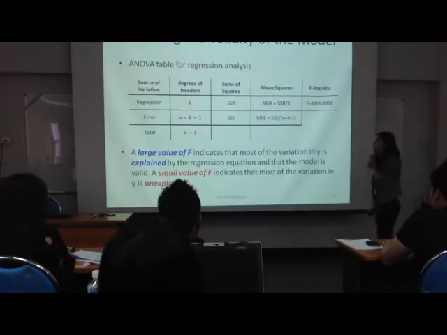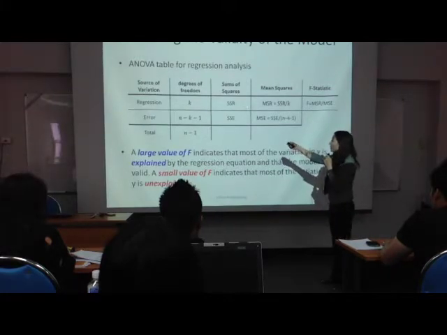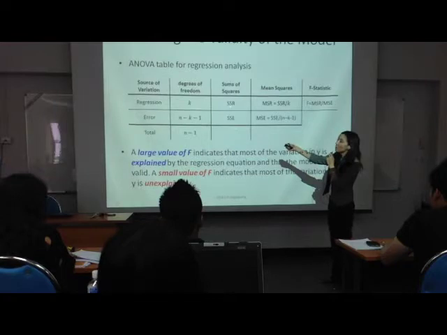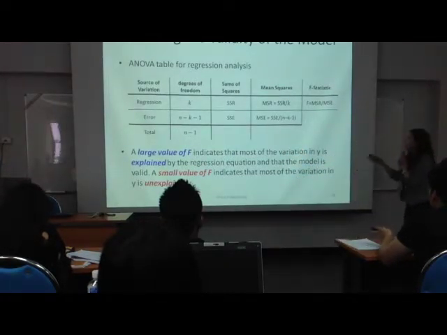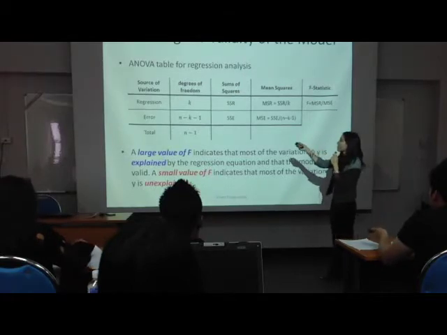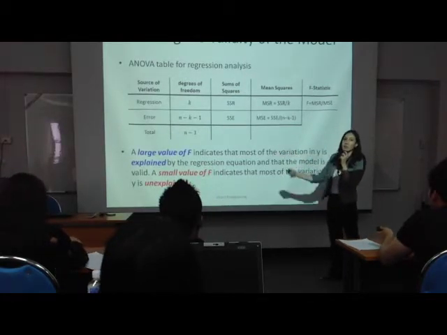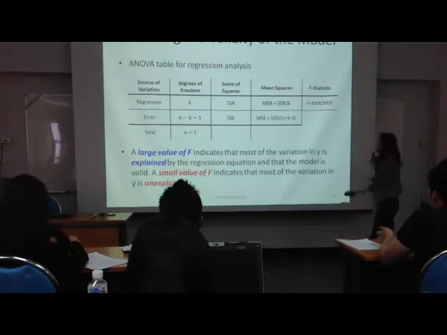Then we have the sum of squares from the regression model and the sum of squares error. The mean square is found by dividing the sum of squares by the degrees of freedom, so we obtain MSR and MSE.